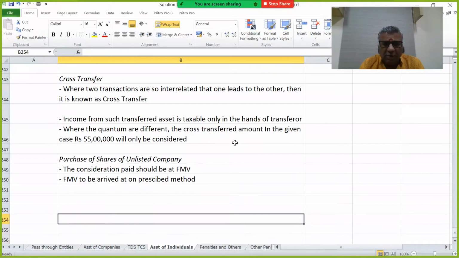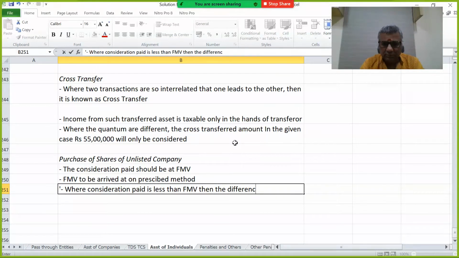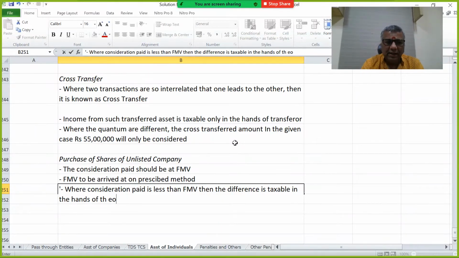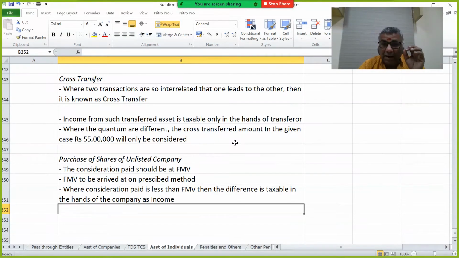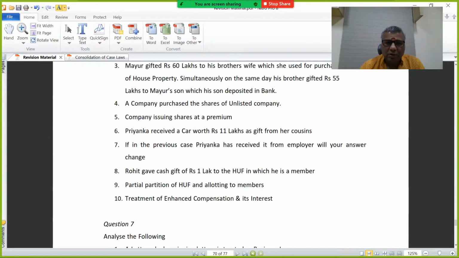Where consideration paid is less than FMV, the difference is taxable in the hands of the company as income. So gift provisions in the case of purchase of shares of unlisted company will be applicable even for a company, not only for an individual.